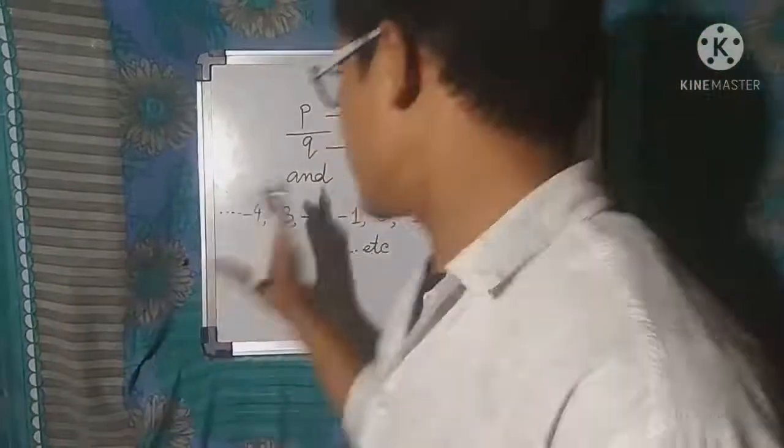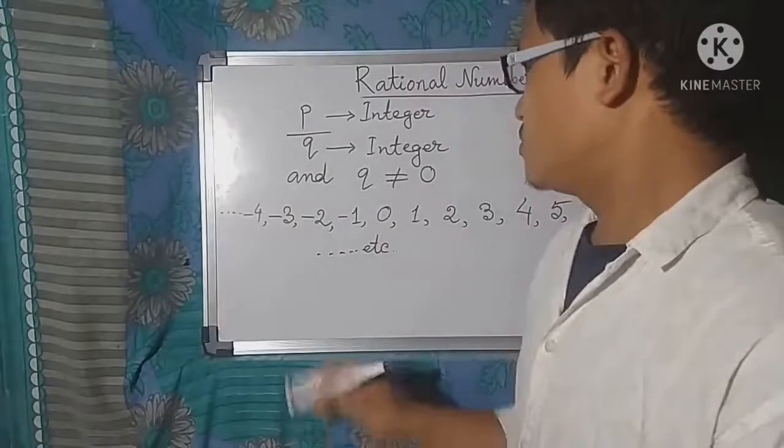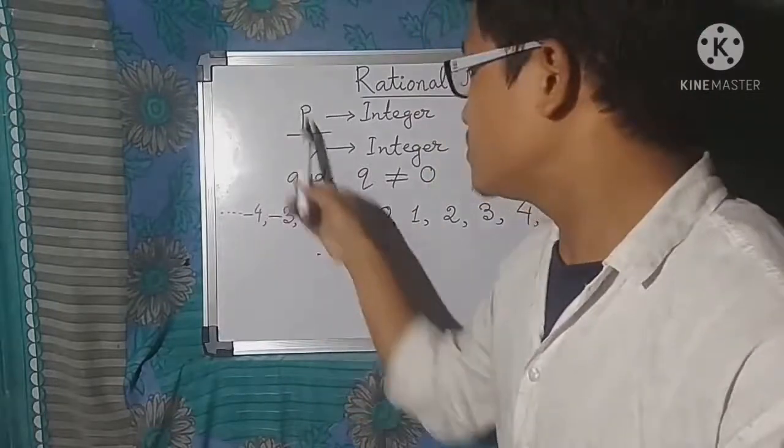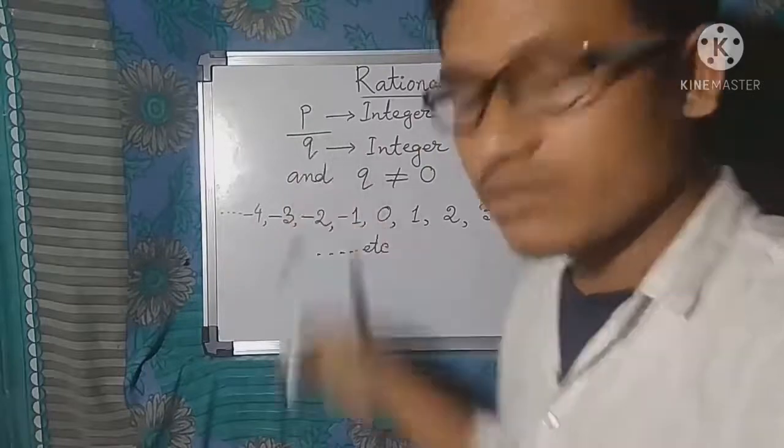So these numbers are called integers. So a rational number will be in the form of p by q.